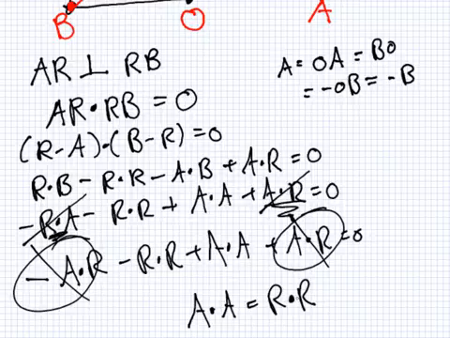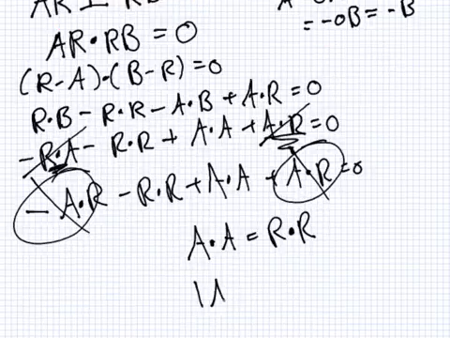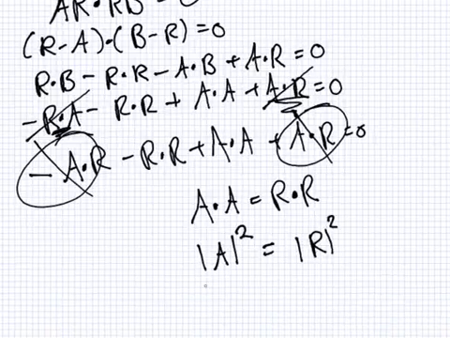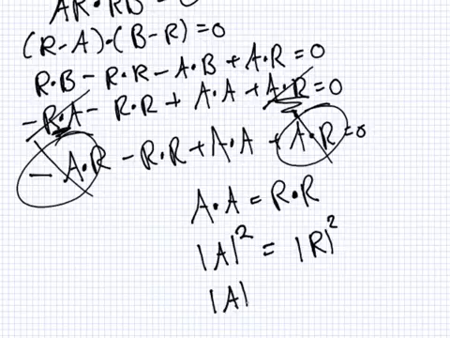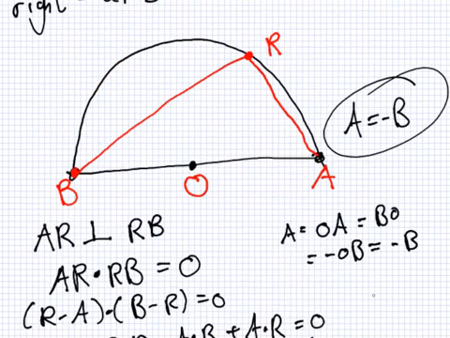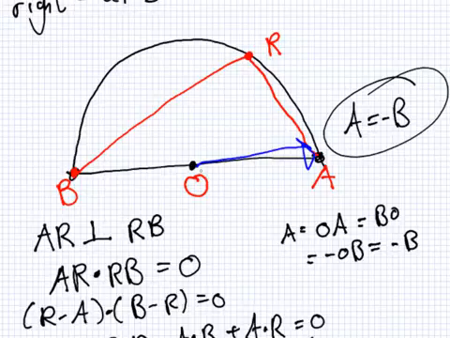Magnitude of A squared. And R dot R? Magnitude of R squared. If I square root both sides, what do I get? Magnitude of A equals magnitude of R. Now is this true or false? Is the length of the vector A the same as the length of the vector R? Yes, because it's a circle.